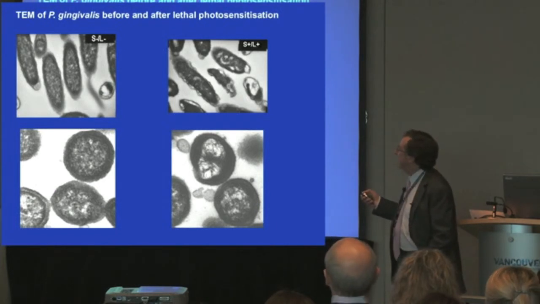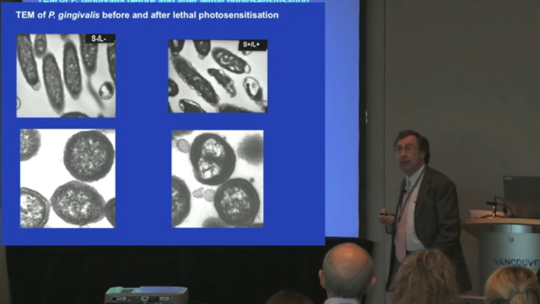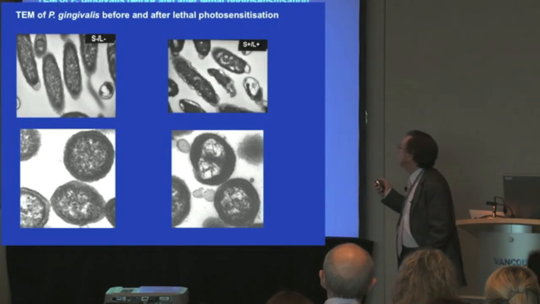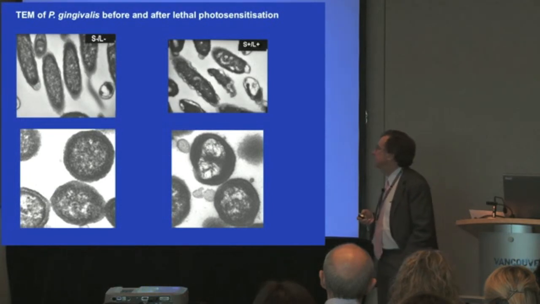And this is our controls, and these are our organisms once they've been exposed to the light in the presence of the photosensitizer. And you can see that in the case of the killed organisms, you can see extensive vacuolization and cell wall alterations. So it's affecting the outer membrane and the cytoplasmic membrane and causing vacuolation of the cells.